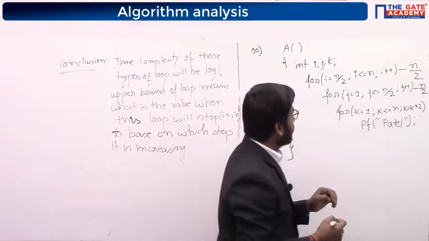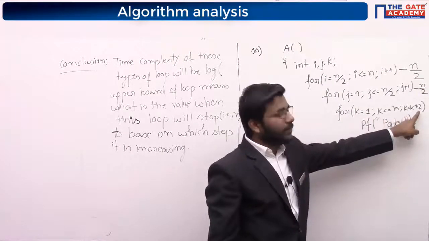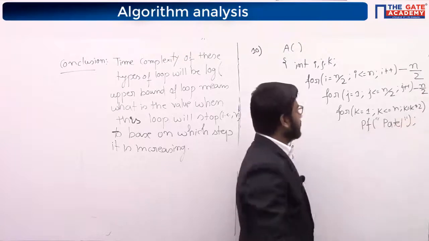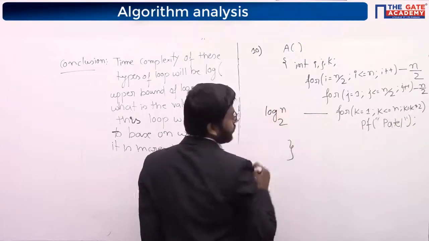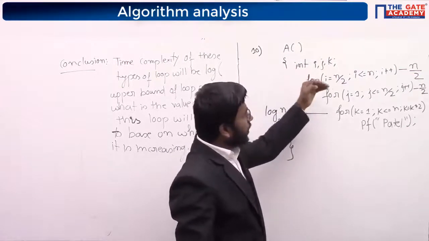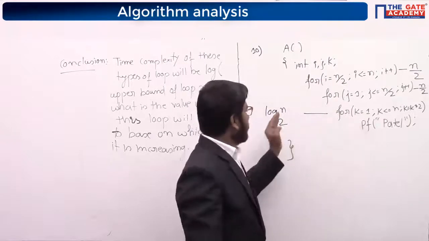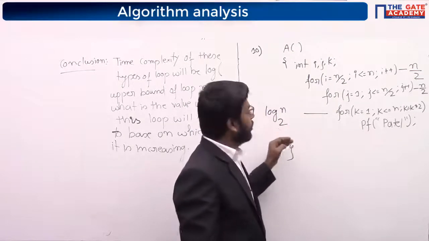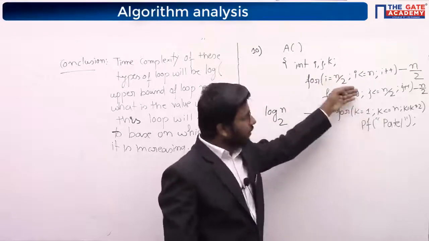Since this one is incrementing by multiplying by 2, it is running log n base 2 times. So for each value of i, it will run n by 2 times, then log n base 2. So it will run n by 2 times this, then n by 2 times this.